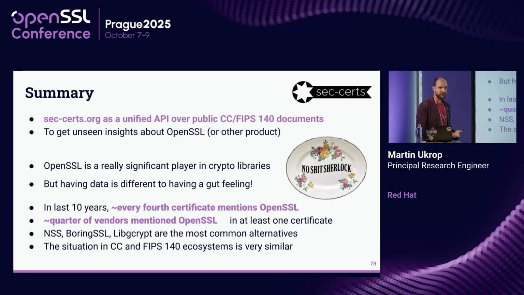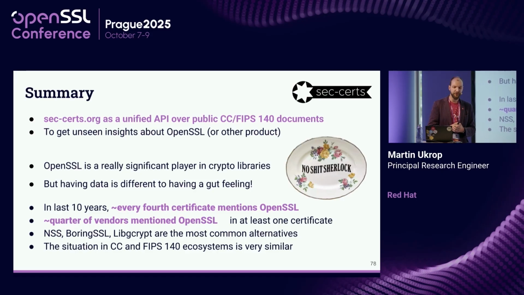To summarize the core trends that we've seen, it seems that in the last 10 years, roughly every fourth certificate mentions OpenSSL. Overall, in the whole certification ecosystem, about every sixth certificate mentions OpenSSL, but this has grown to every fourth in the last several years.